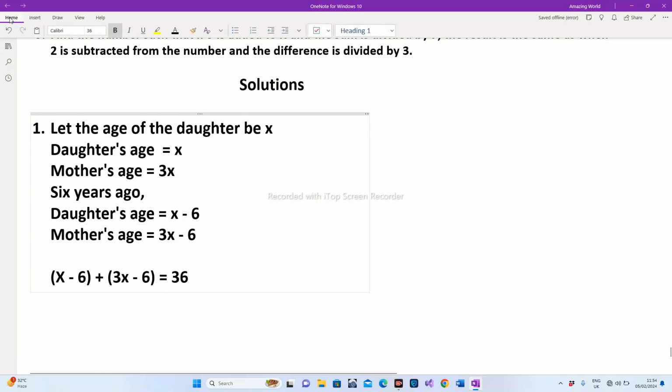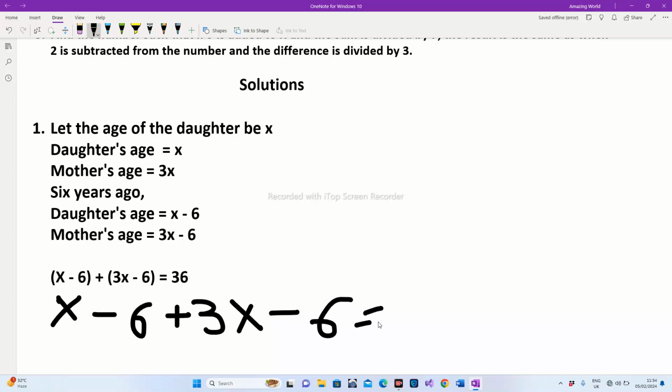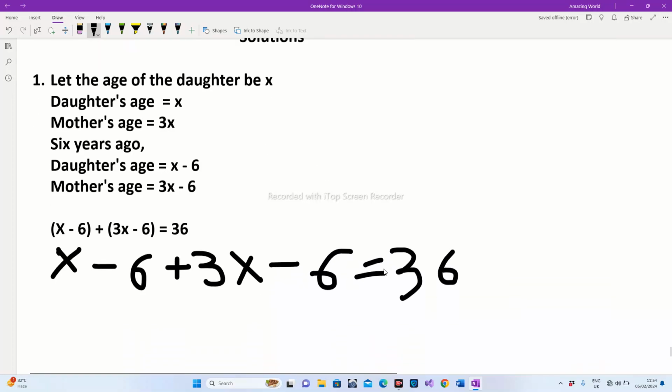And if you've been following through with my lessons in the previous classes, you should know that solving this will not be a problem, as what we usually do is collect like terms. So we can just say x minus 6 plus 3x minus 6 equals 36. This is the problem before us to be solved.